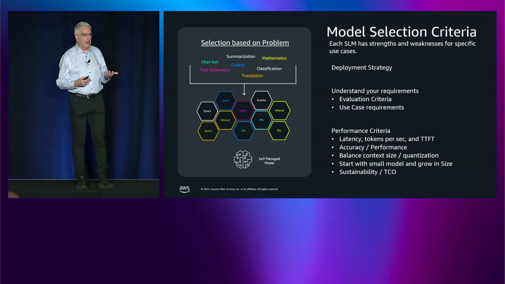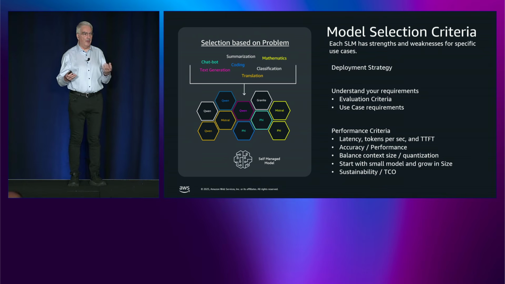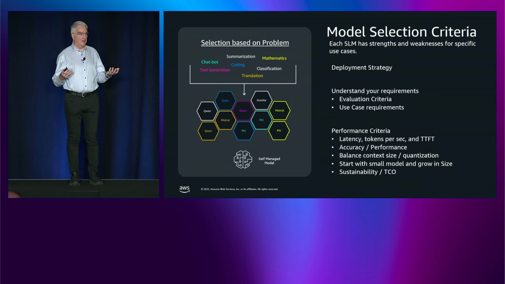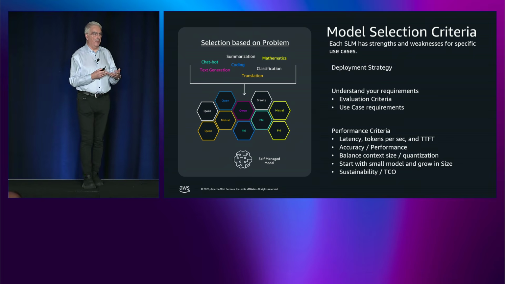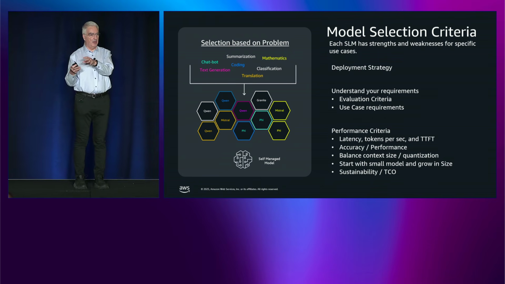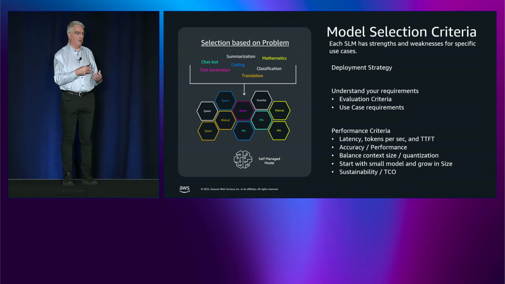Like the choice is how many tokens per second do you need? You can have a very small language model that has a huge number of tokens per second, but its accuracy is not that great. Or you want to balance the context size that you're feeding into the model, because what we found is larger context size seems to slow down the models, or quantization of the model to squeeze it into a smaller footprint.